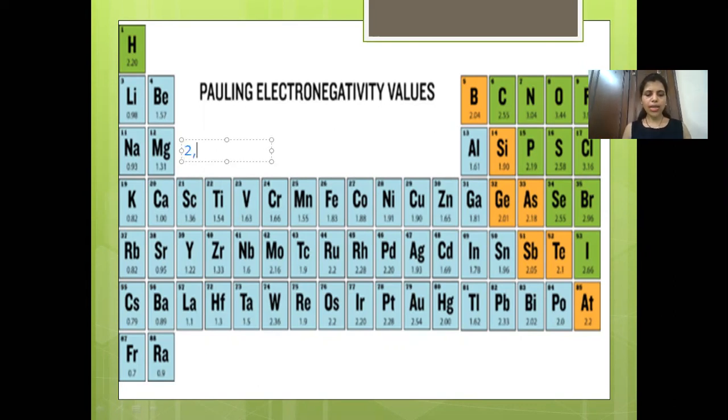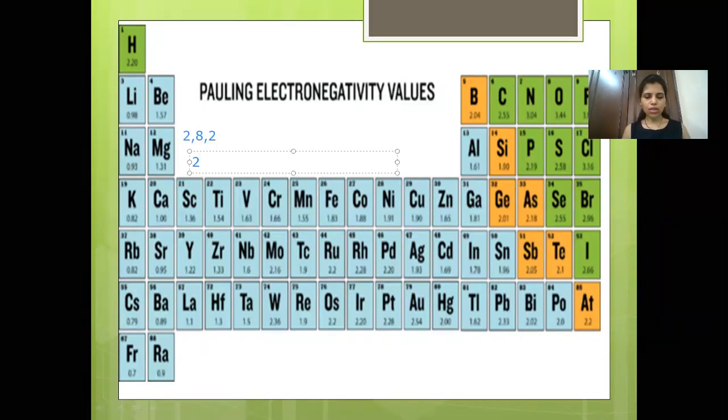So it is 2, 8, 2 for magnesium, and for calcium it is 2, 8, 8, 2. So now you will see that the nuclear charge is more for calcium and less for magnesium. That's the reason the nuclear charge is greater, the electronegativity is going to be greater, but the nuclear pull is going to decrease. The reason is the atomic size is going to dominate over the nuclear charge, and that's the reason down the group electronegativity decreases, same as the electron affinity.